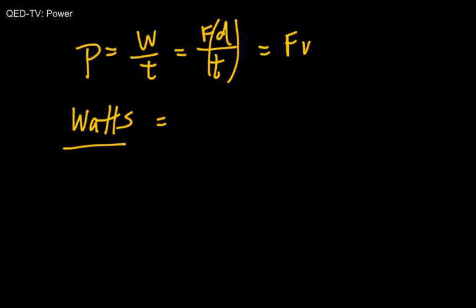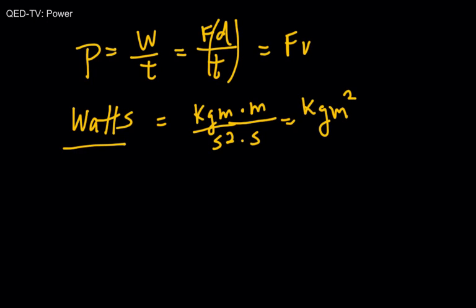So force is newtons, and that's kilogram times acceleration, kilogram meters per second squared. That's a newton. We have a time on the bottom, so that'd be another second unit. And on the top we have another displacement unit, so that'd be meters. So we have kg m squared over s cubed.